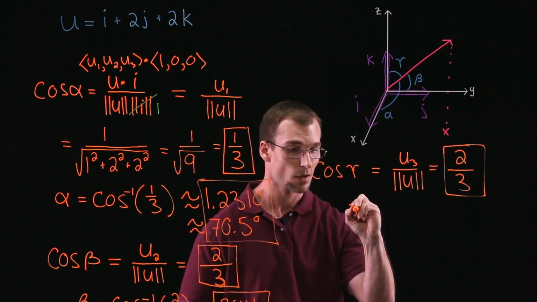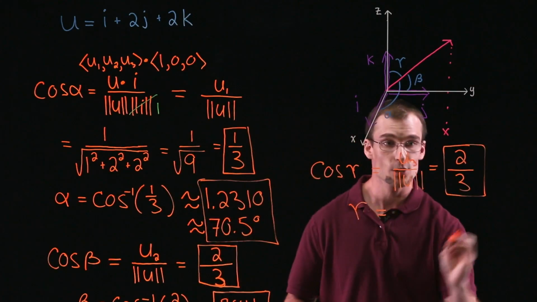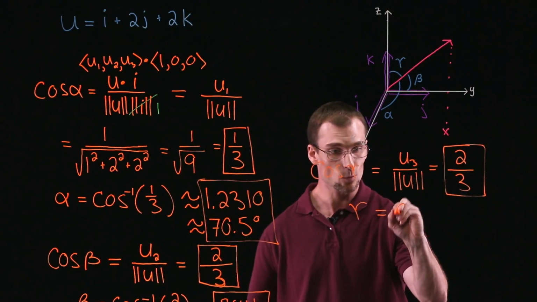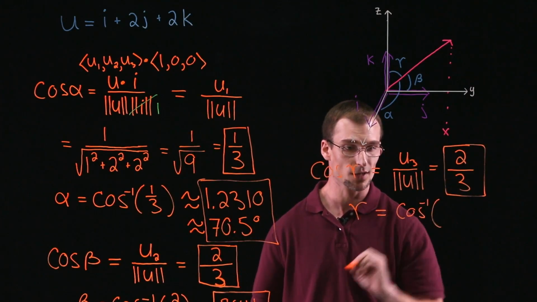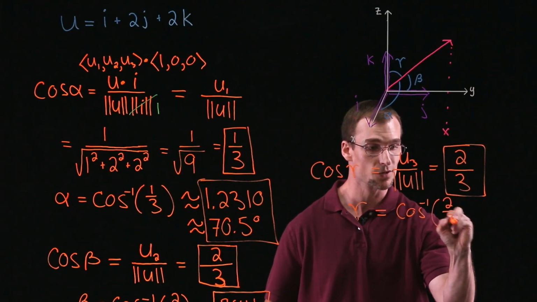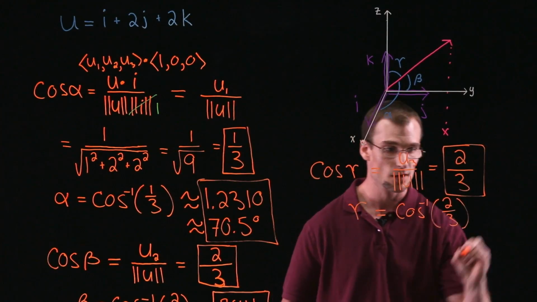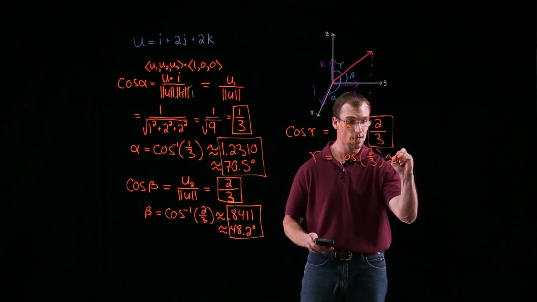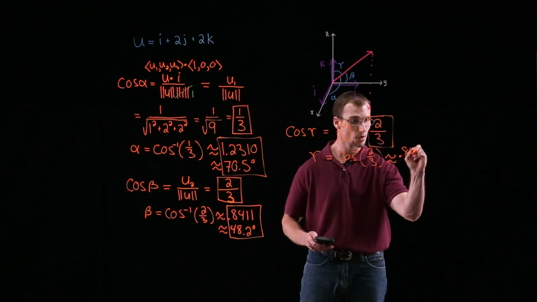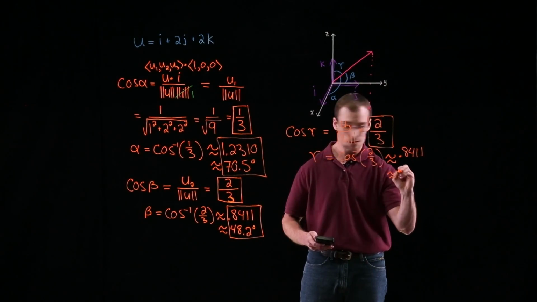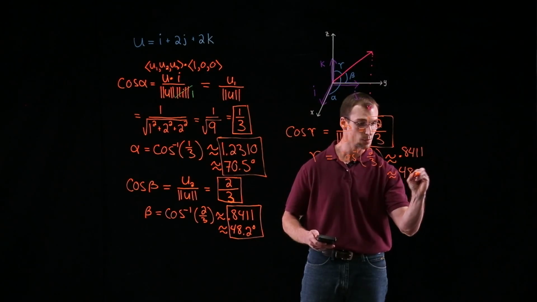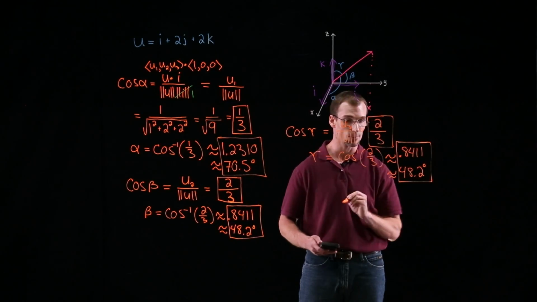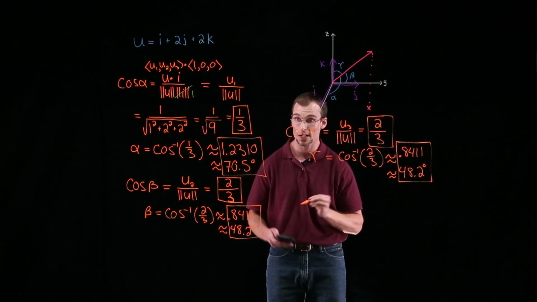And so gamma, without redoing the work that we had down here, we know it's going to be cosine inverse of 2/3, but we can just copy the numbers that we have, since it's the same thing. So cosine inverse of 2/3 in radian mode was 0.8411, and in degree mode, approximately 48.2 degrees. Okay, so there's our direction cosines and our angles.